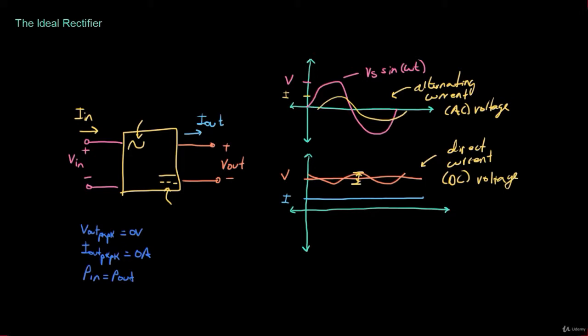Now you may be wondering, why would you want to convert alternating current into direct current? And the reason is very simple. Most electronic equipment use direct current voltage instead of alternating current, but most power supplies are in the form of alternating current. So let's say, for example, that you're trying to use a computer at your house, and the power outlets in most houses are in the form of alternating current.